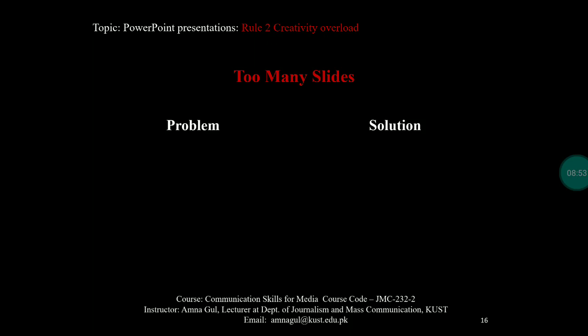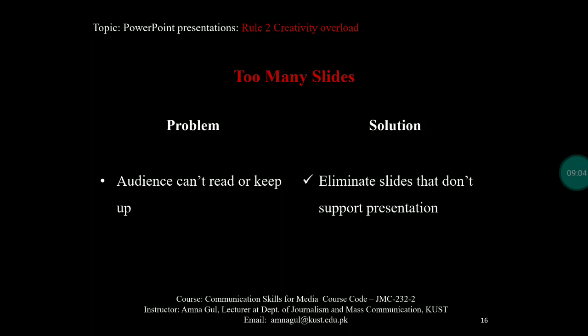So the problem is that if you have too many slides, your audience can either not read it or they cannot keep up with your pace. So the solution is to eliminate all such slides that don't support the presentation. You have to be specific about which are the most important points that you want to discuss in your presentation.